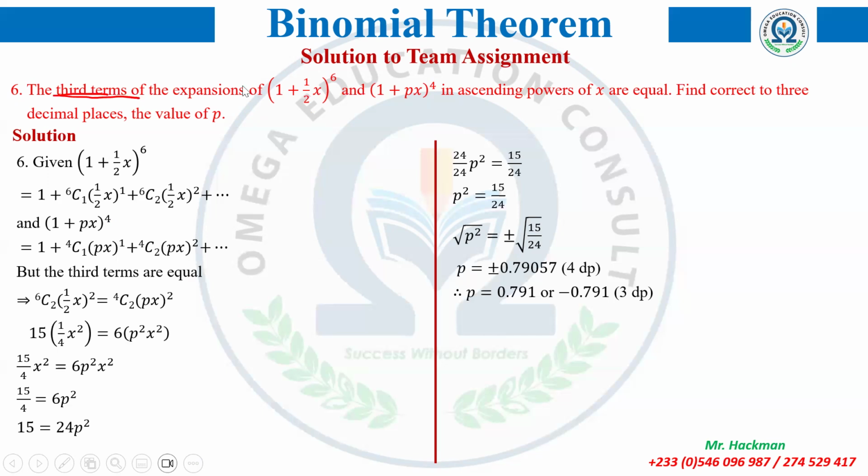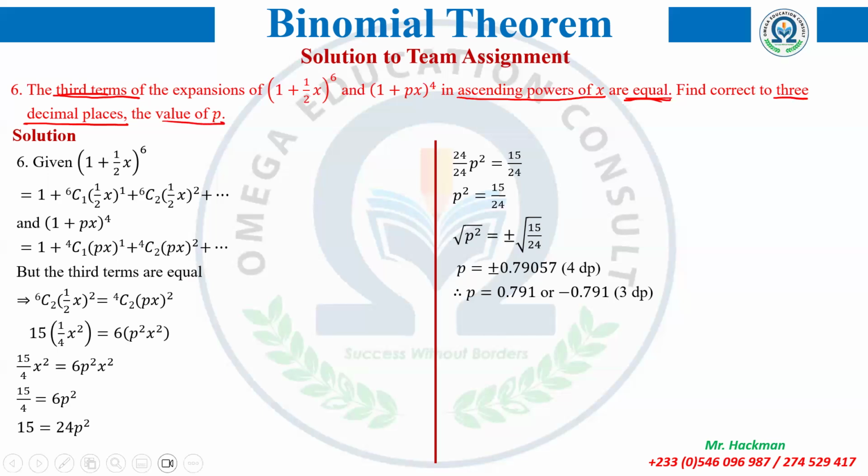These two binomial expressions are given in ascending powers of x, and we are told they are equal. Very critical. Find, correct to 3 decimal places, the value of p. There is a required approximation, so you underline 3 decimal places. What's the value of p?